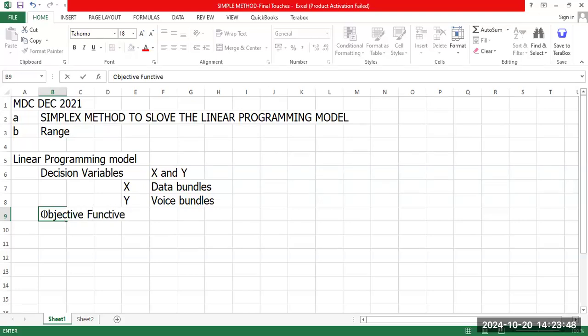You have an objective function in the question. Here the question is for you to maximize profit. So you have Z max is equal to 500x plus 400y. Okay, but when you check, they are saying your figures are in millions.